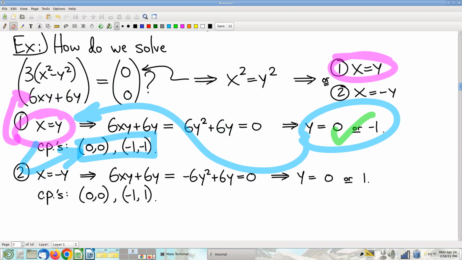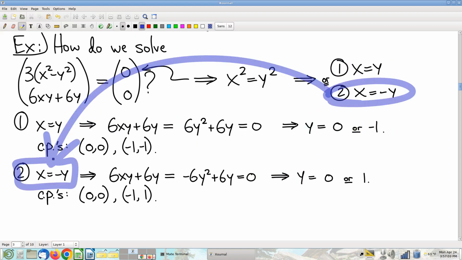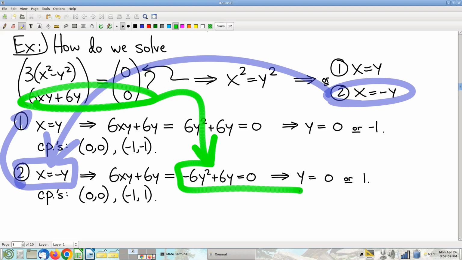Now, again, this is where a lot of students would draw the line and spike the football on the 2-yard line, as it were, because we also have to check where x is negative y. If x is negative y, that will turn this equation into that, which is different algebra.